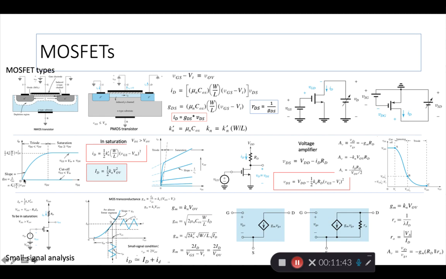So what we see here is, in the beginning, it's called the triode region, where the VDS is low and it's lower than the overdrive voltage VOV. It has this nice exponential form. Once the drain to source voltage hits the overdrive voltage, from then on it's called the saturation region for a while, and then it falls off into the cutoff region.